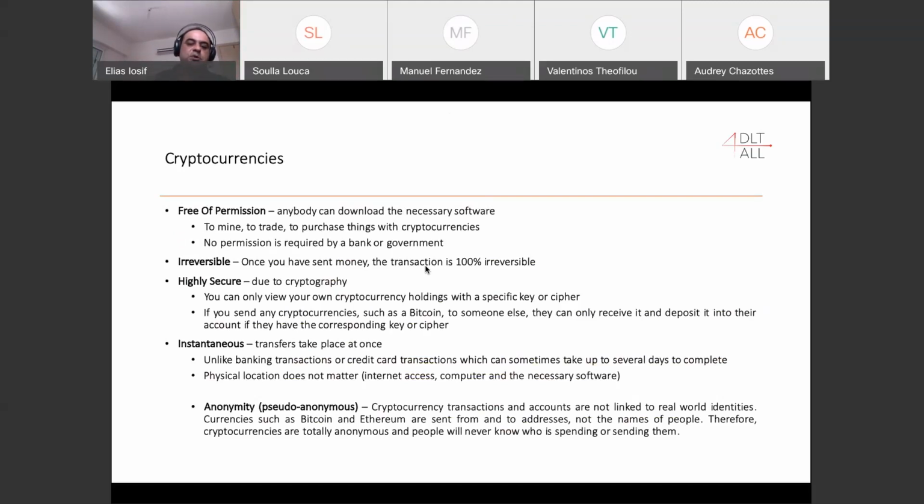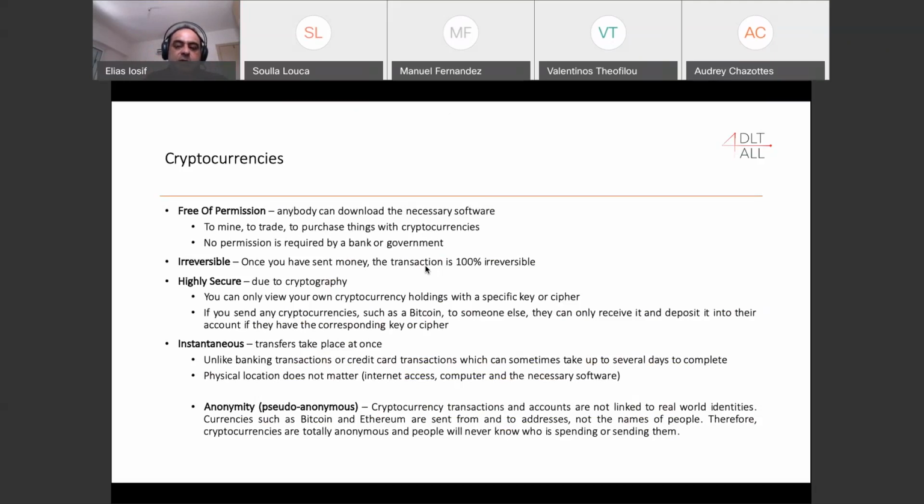So cryptocurrencies change the traditional environment of heavily bank-based transactions. So just to briefly mention some of the key properties, they are permissionless.